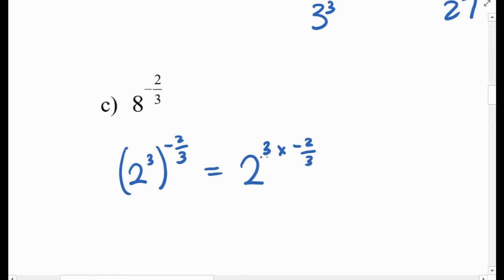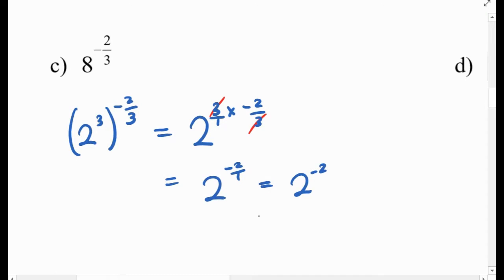So 3 is same as 3 over 1. Cancel. It becomes 2 to the power of negative 2 over 1. So 2 to the power of negative 2 over 1 is 2 to the power of negative 2. Flip the base, make the exponent positive, becomes 1 over 4.